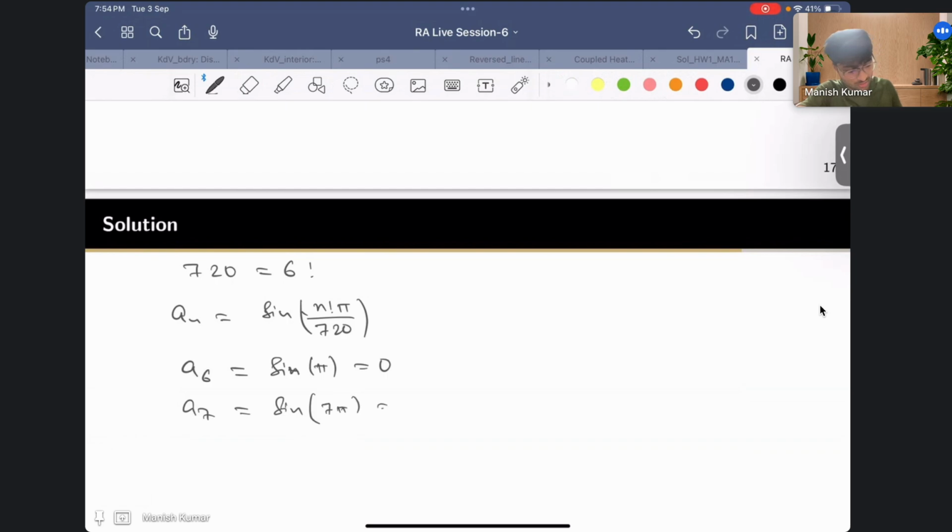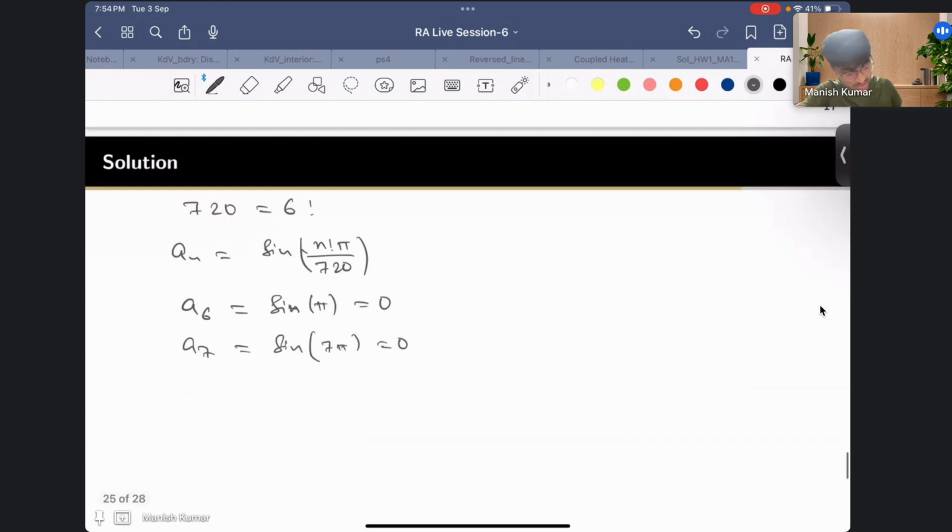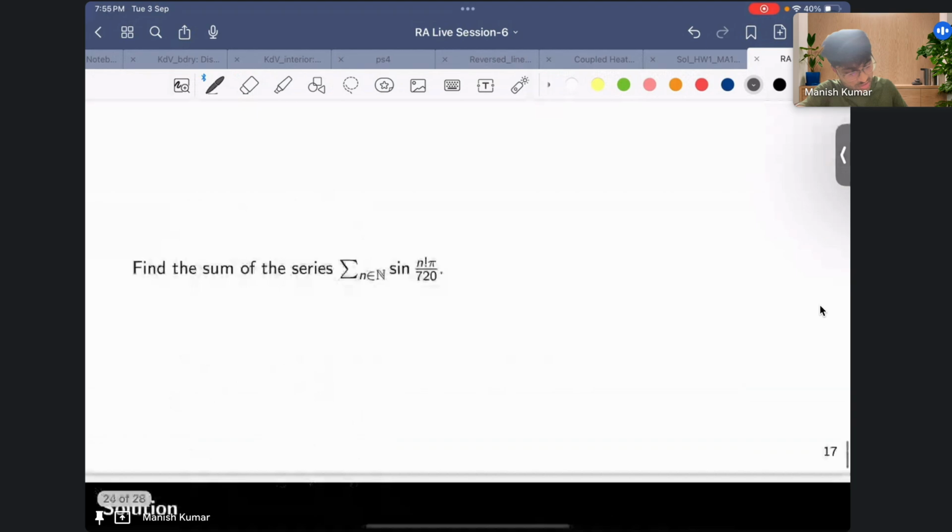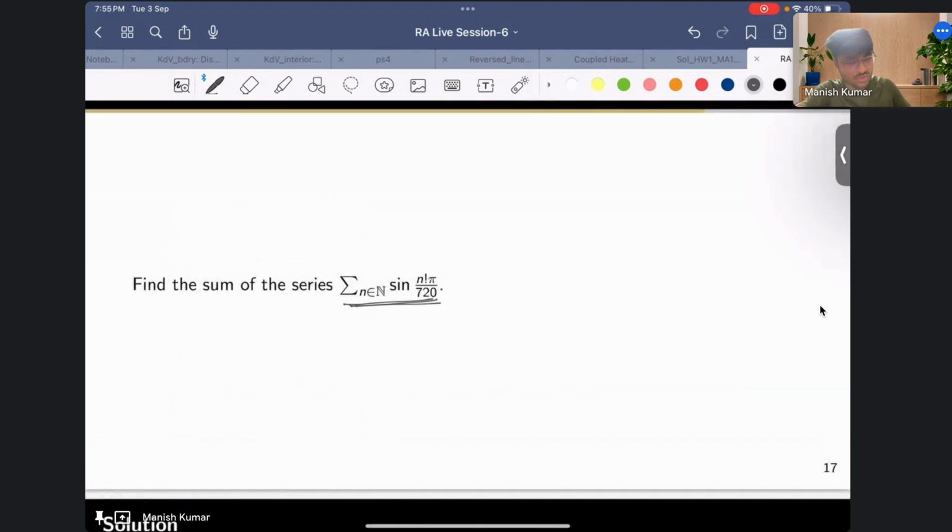So you can clearly see that a_n is equal to 0 for all n greater than or equal to 6, right? So what you see is that this series is nothing but a finite sum, because after 6 it is 0.